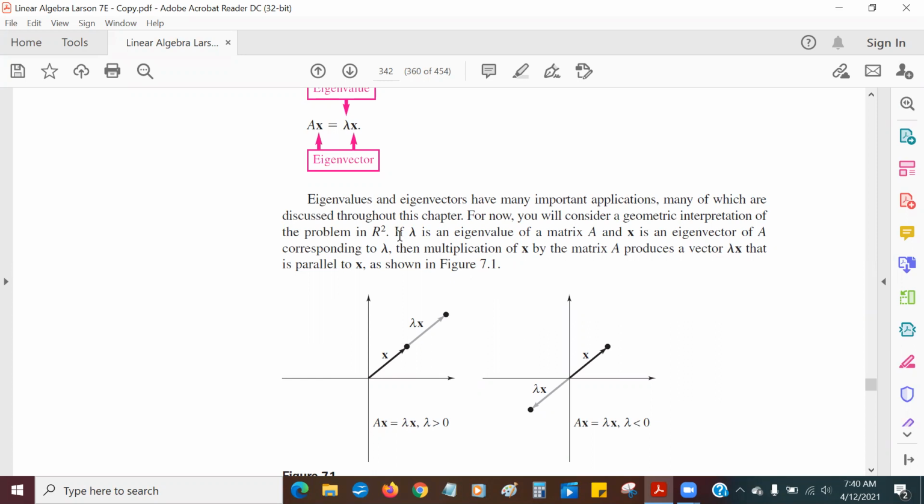And that is very, very important. Geometrically, that's really what we're talking about here.